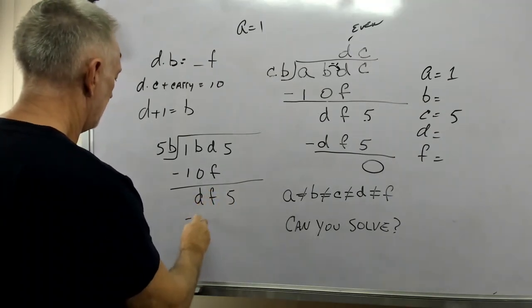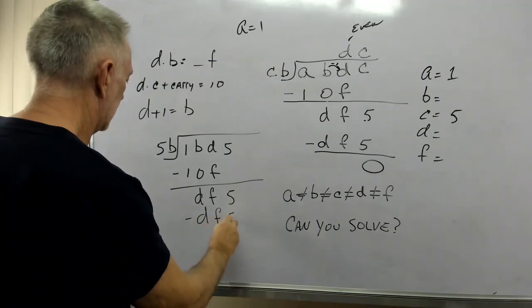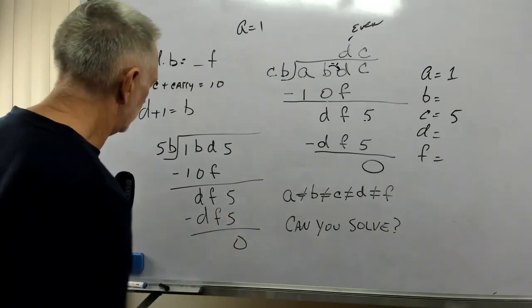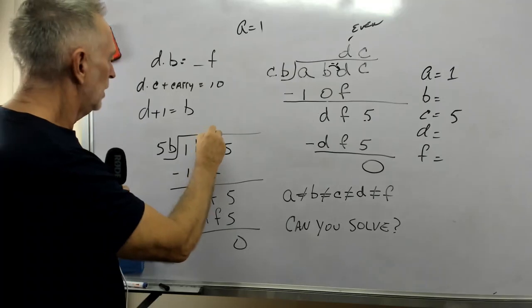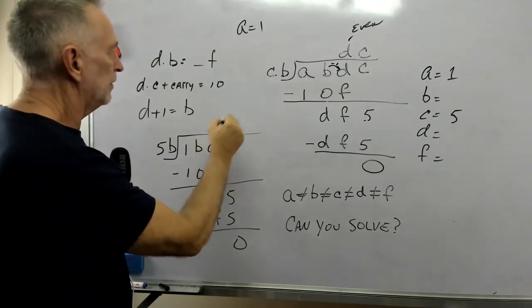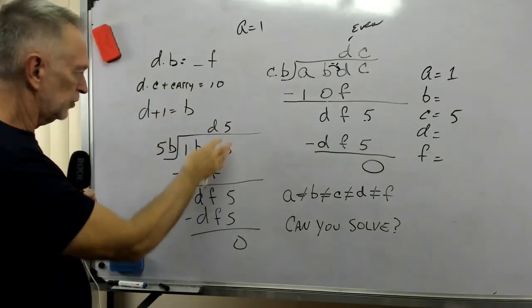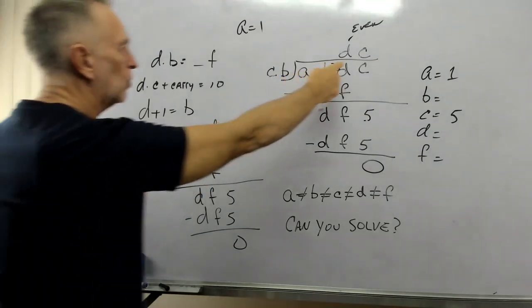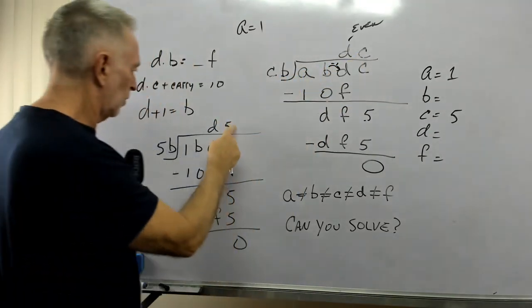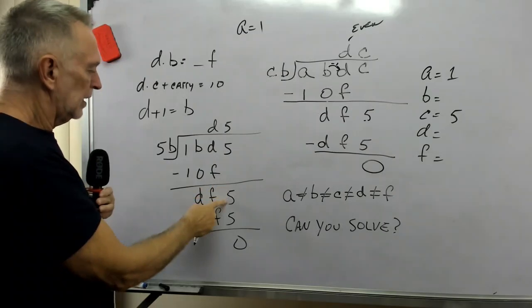DF5 minus DF5, that's 0. Now then, let's just work with this now. So we're working with C times B, or 5 times B equals 5.